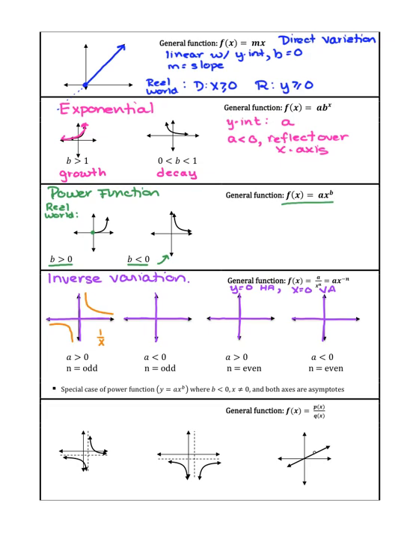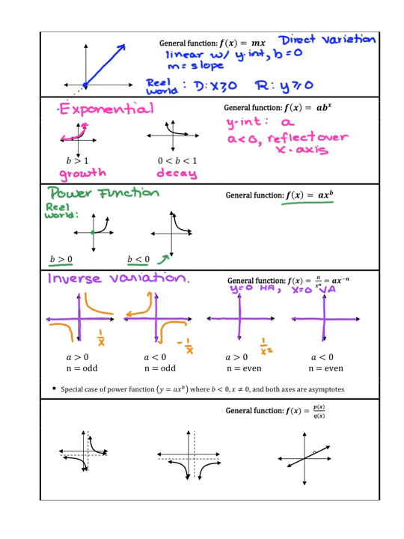Now, if I suddenly made a negative, like negative 1 over x, it's basically a reflection, and it doesn't matter whether you say over the x or the y, because it would work both ways, and it would look like that. Now, what if a is positive again, but now the degree is even? For instance, something like 1 over x squared.